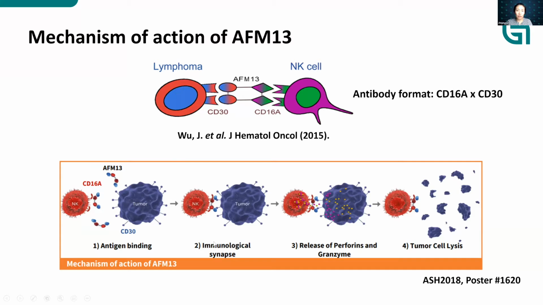As you can see from the bottom part of the slide, the mechanism in this particular bispecific binding event is that the immunosynapse is able to bring the tumor cell to the NK cell through this bipartite activity, and then the NK cell will be activated to release perforins as well as granzymes. These are the molecules that actually do the action, which is to kill the tumor.